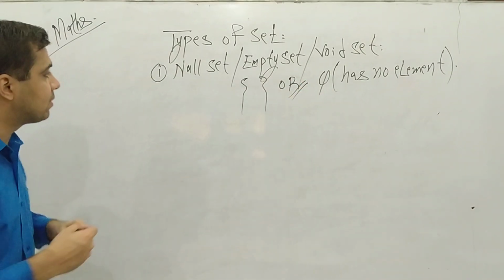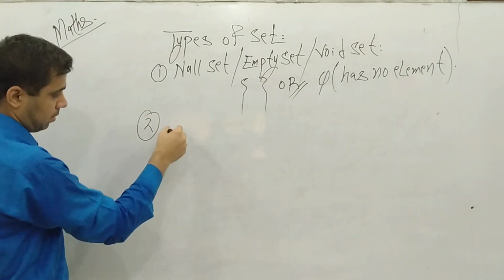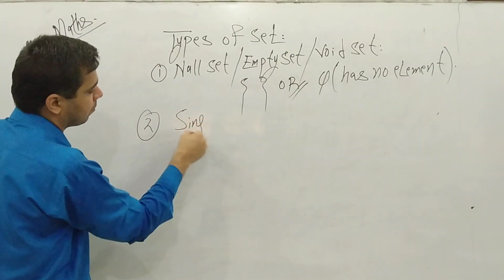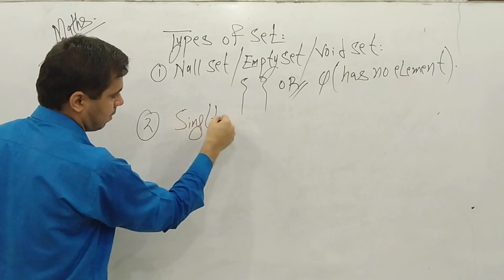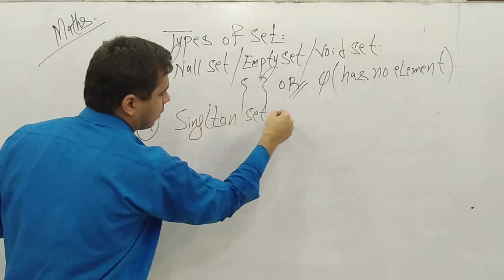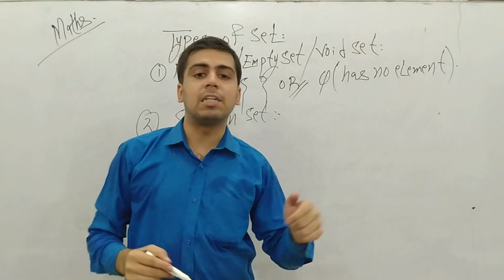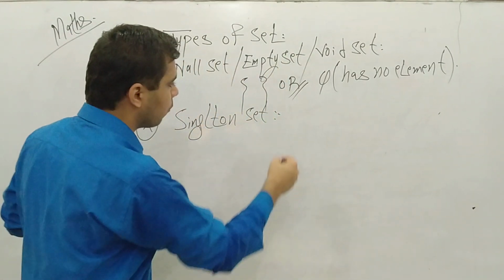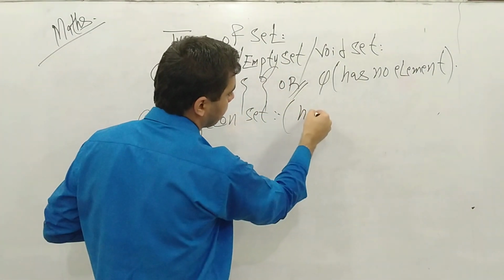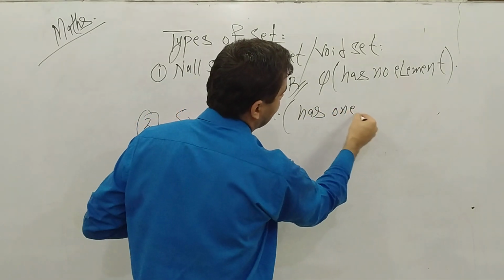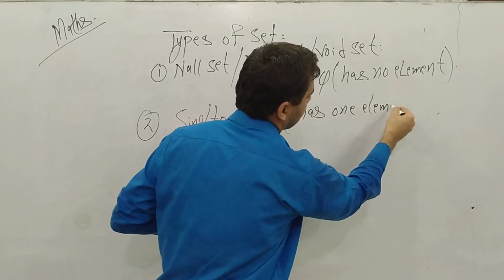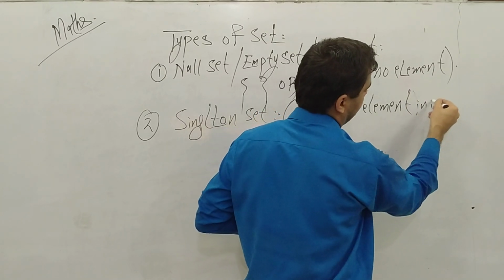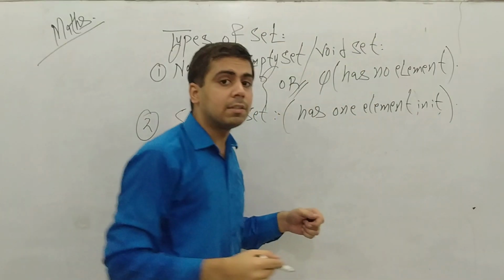The second type of set is the singleton set. My students, a singleton set is that kind of set which has only one element present in it. So we can say a set that has one element in it is called a singleton set.